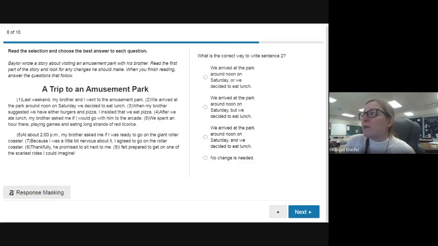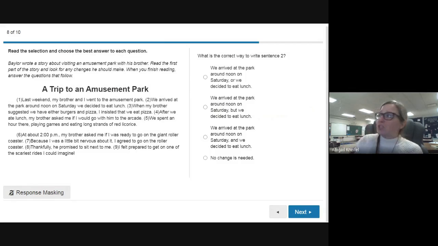After we ate lunch, my brother asked me if I would go with him to the arcade. We spent an hour there playing games and eating long strands of red licorice. At about 2 p.m., my brother asked me if I was ready to go on a giant roller coaster. Because I was a little nervous about it, I agreed to go on a roller coaster. Thankfully, he promised to sit next to me. I felt prepared to get on one of the scariest rides I could imagine.